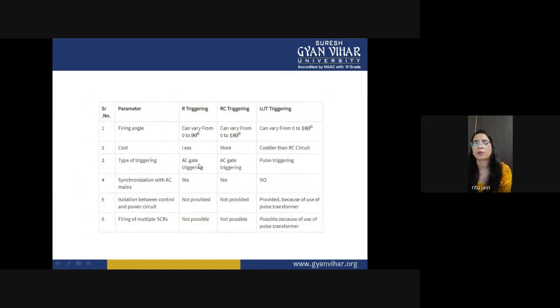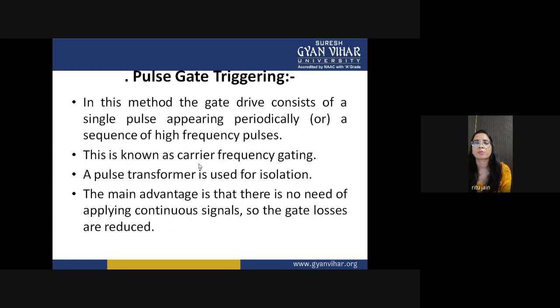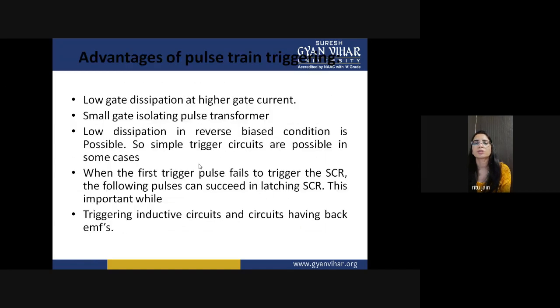So this is all about the different methods of triggering, and we have also discussed pulse gate triggering. The main advantage of pulse triggering was that if the first trigger pulse fails to trigger the SCR, then the following pulses can succeed in latching the SCR. What latching and holding current are, we have already discussed in our previous lecture.